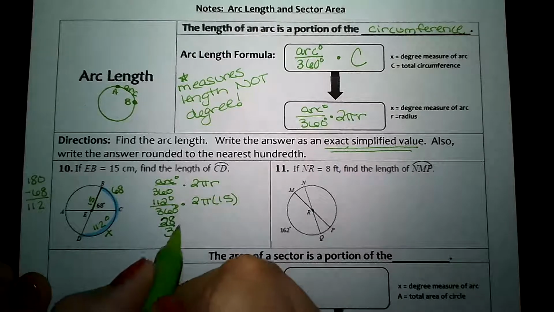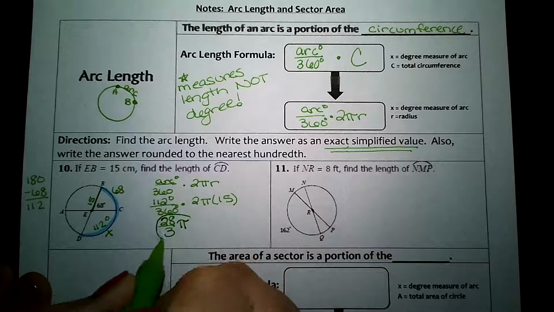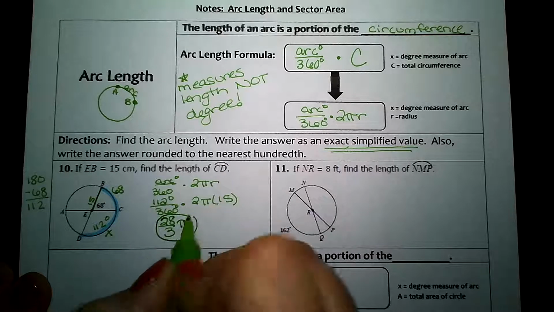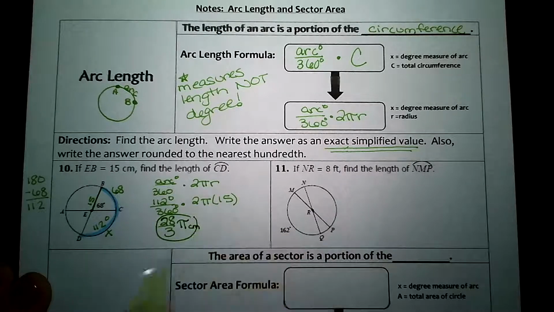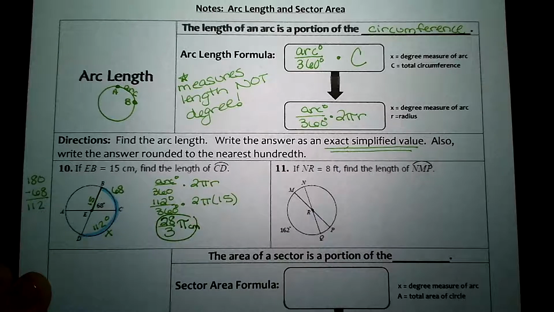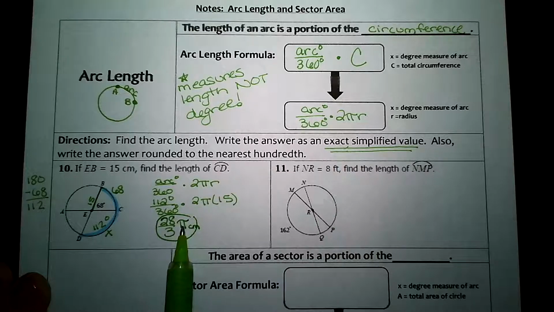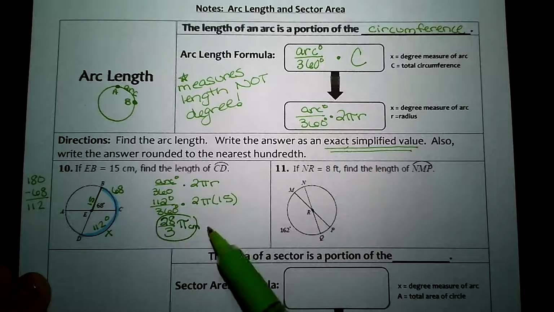Now, 28 over 3 is not our answer. 28 over 3 pi is our answer. This is our exact length, and that would be centimeters. This one was measured in centimeters because the radius was measured in centimeters. So this is our exact, because pi is still in it, simplified because our calculator has simplified all the math.